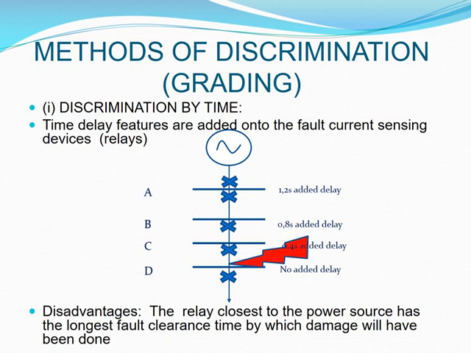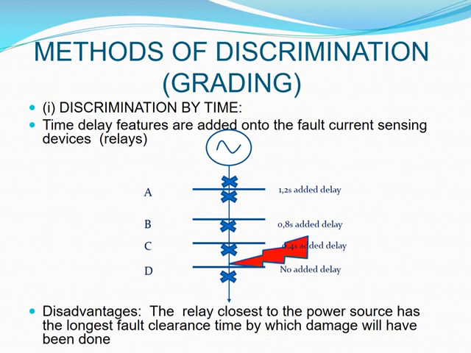So the first is discrimination by time. What discrimination by time really tells us is that time delay features get added onto your radial networks. Remember, radial was going from a source up until your load point.